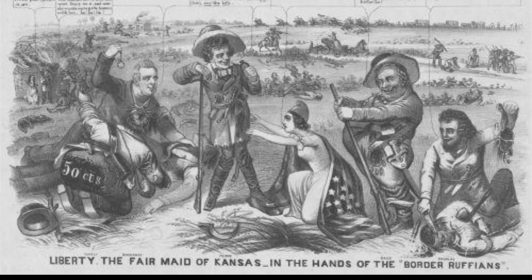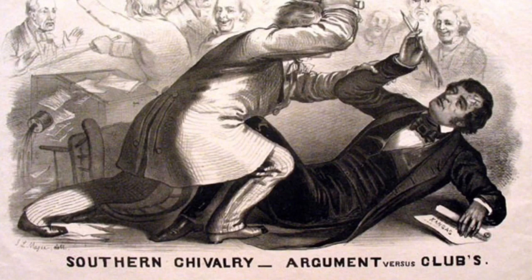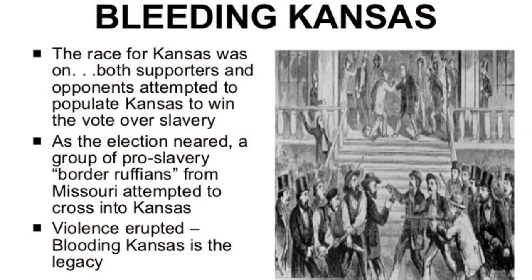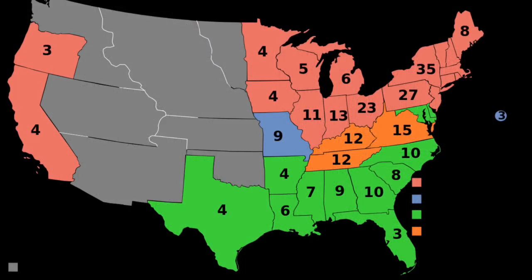Though Kansas eventually came into the country as a free state in 1861, the events there helped legitimize the idea of violence as a solution to the slavery problem. The bloody events and their use as propaganda by both sides also increased polarization and hatred, further hardening the unyielding positions that led to the Civil War.